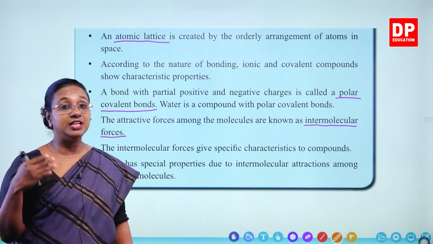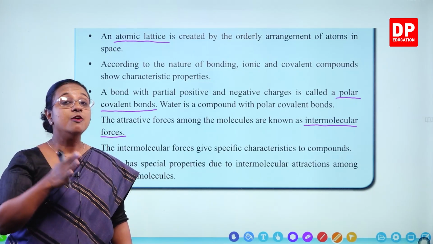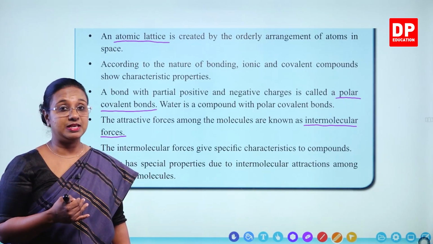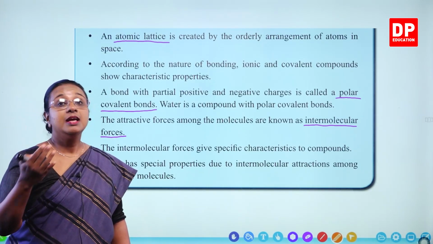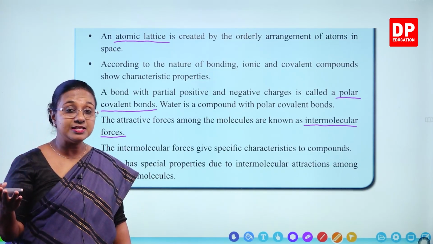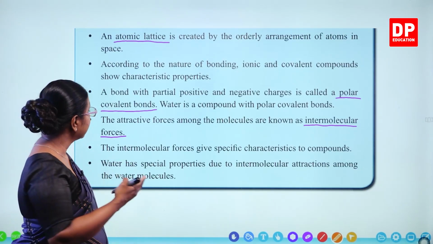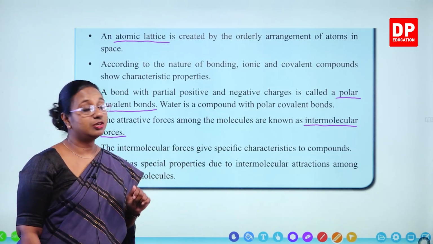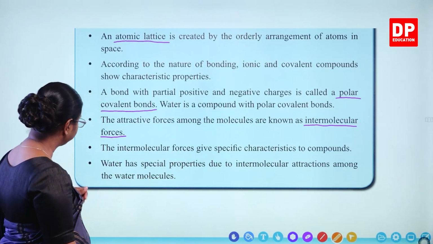Because of the intermolecular forces between water molecules, water has a lot of special properties like a high specific heat capacity, differential expansion in freezing, or a high boiling point. Those are all related to the intermolecular bond.